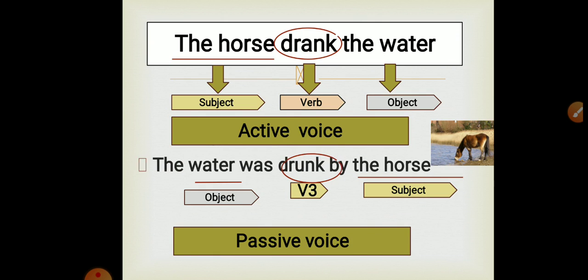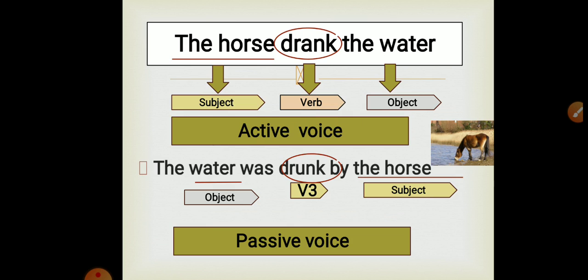See here, the sentence is in passive voice. Here we have used was and the past participle drunk. In this way we can recognize that the sentence is in the passive voice.